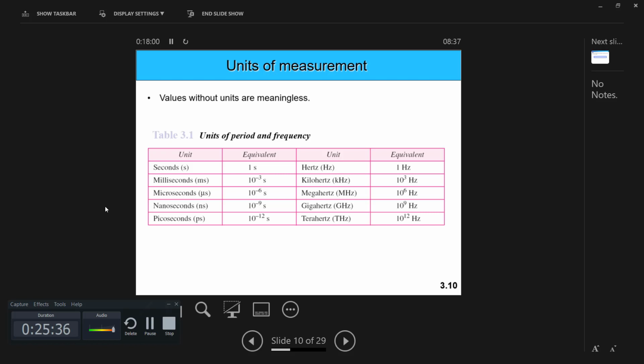If I give you a time in milliseconds, you need to change it to seconds, then change it to hertz. You can't go directly from milliseconds to hertz. You have to change it to seconds, then to hertz. So it's very important to know how to convert any units to the other units.